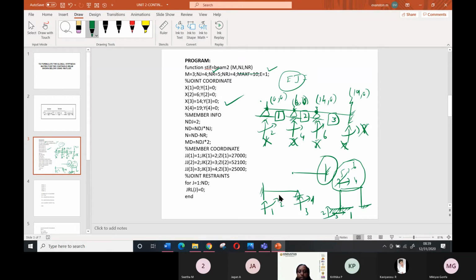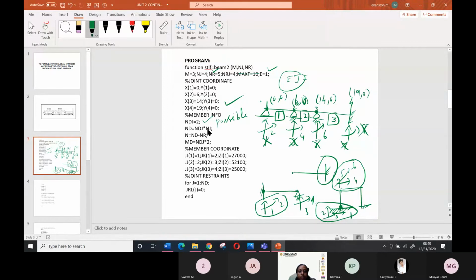So for the beam, the degree of freedom for a joint is 2. But if you come to the frame, the degree of freedom for a joint is 3. So that's the difference. So I have given the number of degrees of freedom for a joint as 2. This is the possible degree of freedom. There's a difference between the possible and what is actually available for this structure.